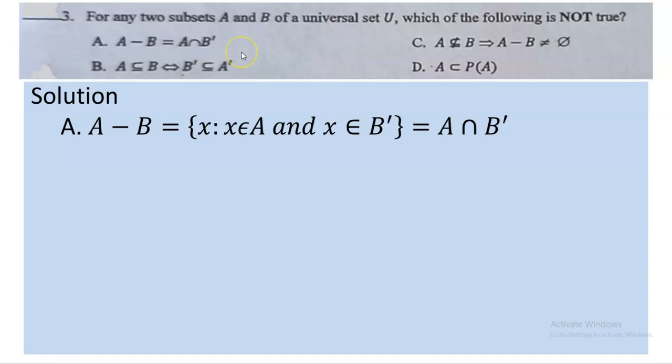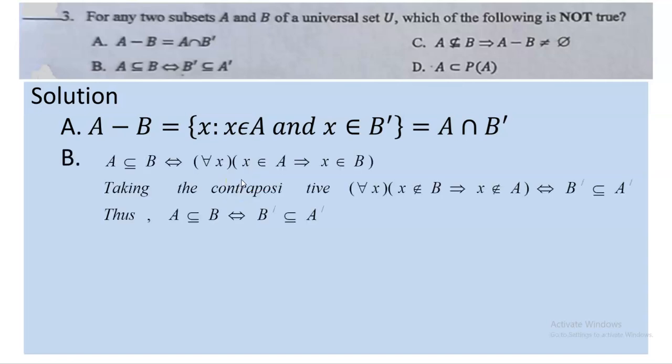So what has been written here in A is true. Remember, we are identifying the false one. And when you come to B, students, we know that A subset of B is defined like this. Whatever X you may take, if X is an element of A, obviously X has to be in B, in order to say that A is a subset of B. But dear students, this is a conditional statement.